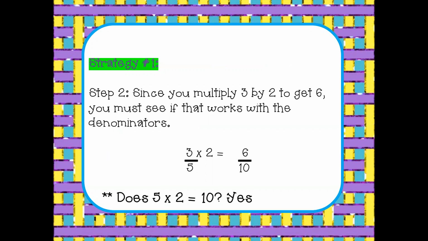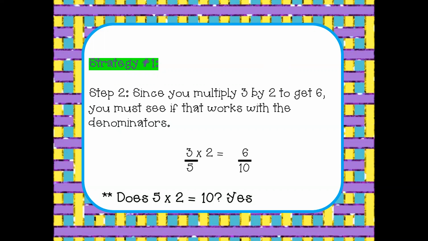In step 2, since we multiplied 3 by 2 to get 6, you must see if that also works with the denominators. So does 5 times 2 equal 10? Yes. So 3/5 times 2 is equal to 6/10.